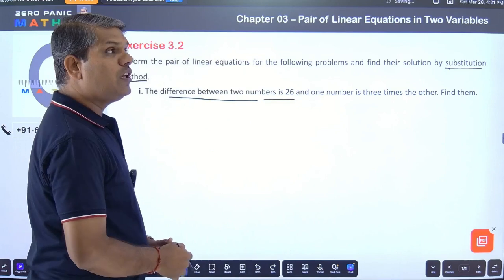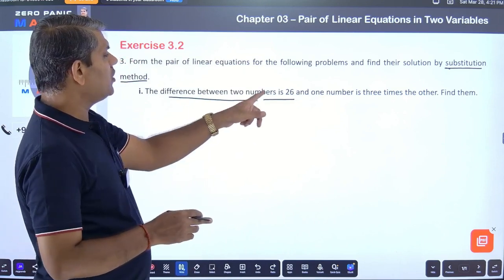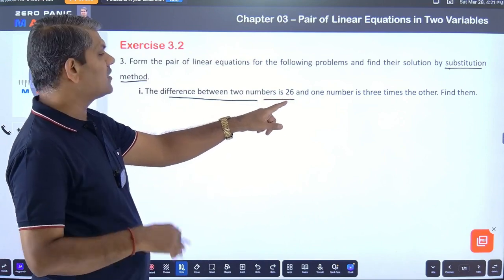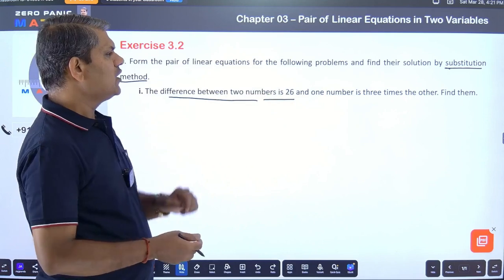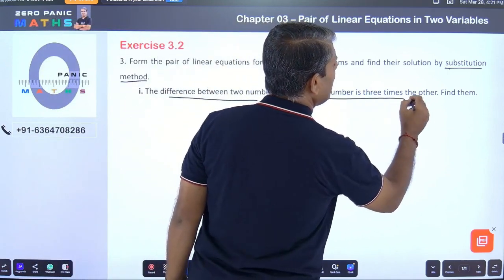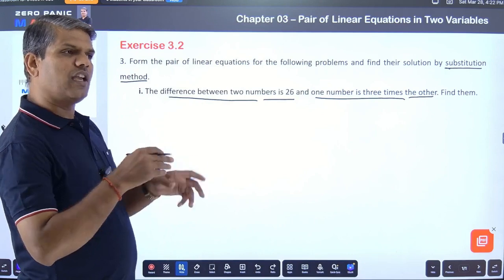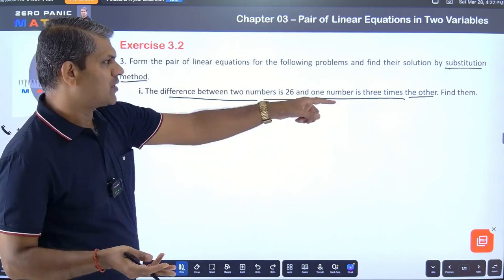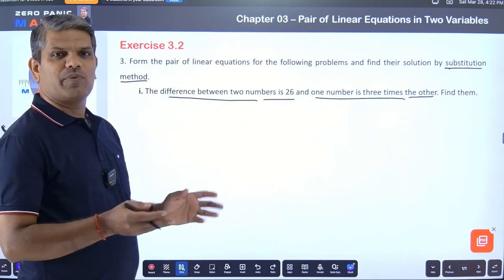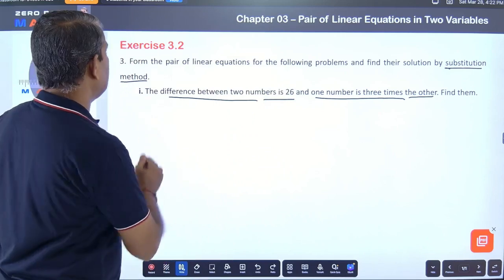If we assume that the two numbers are x and y, then the difference between x and y, we may consider it as x minus y, is 26, and one number is 3 times the other number. So if x is one number, y is another number, then x is equal to 3y can be another equation. It's that simple. Find them. Let us start.